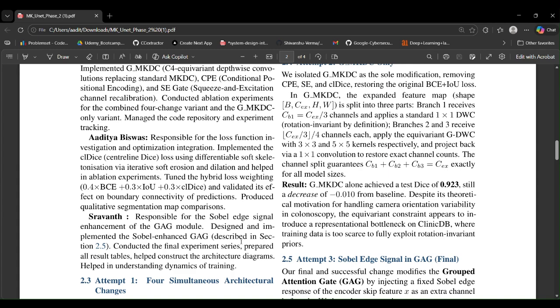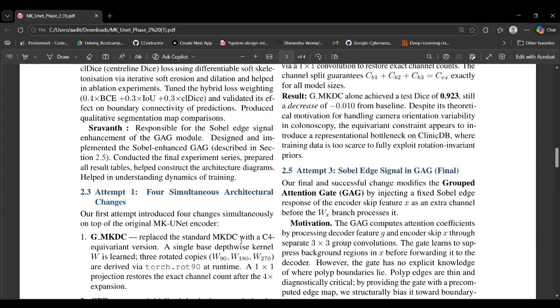So the same kernel was rotated by three different angles, which is 0 degree, 90 degree, and 270 degree, so that the model could learn that the spatial orientation does not matter in the case of a segmentation model. So we hoped that it would learn this feature while applying this block.